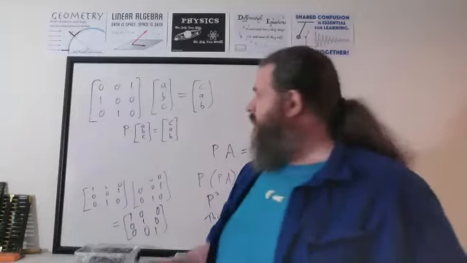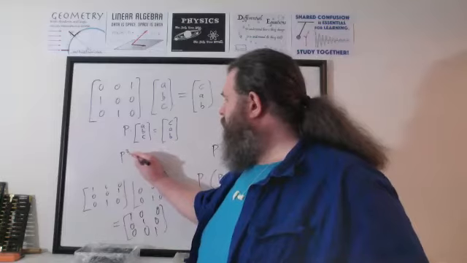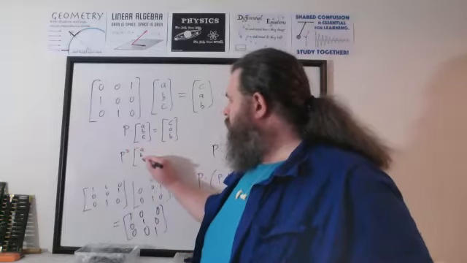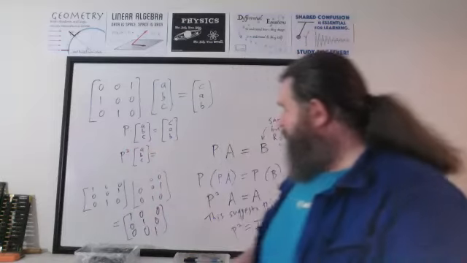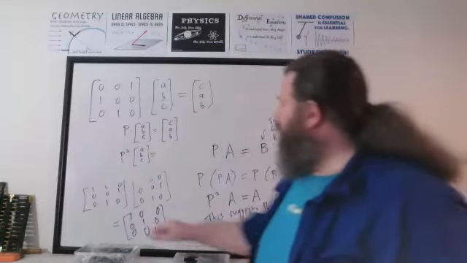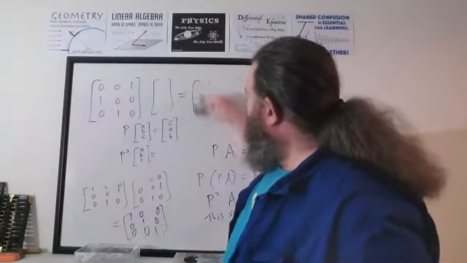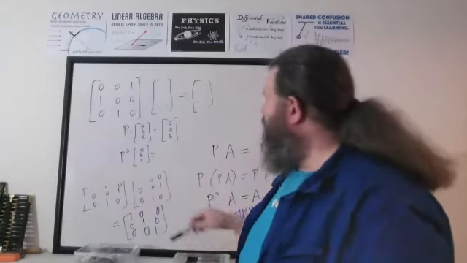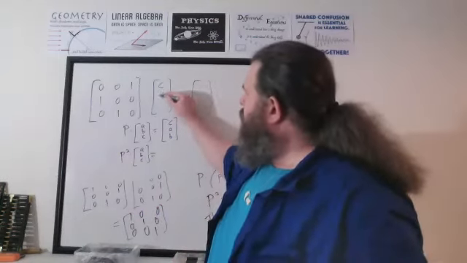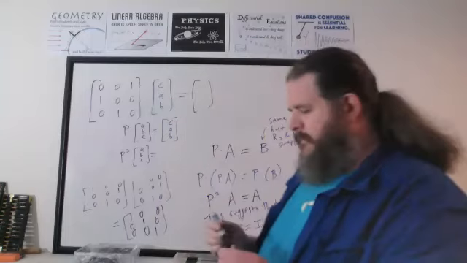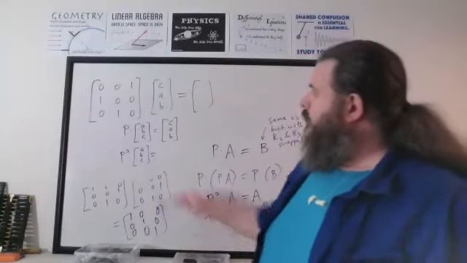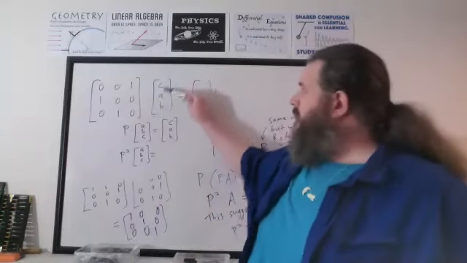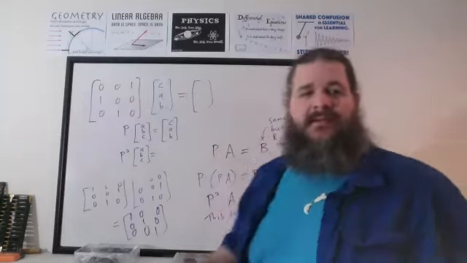If we apply that same permutation matrix again, let's say we put CAB as our new input. So this same permutation matrix applied to CAB, does that get us back to the original?